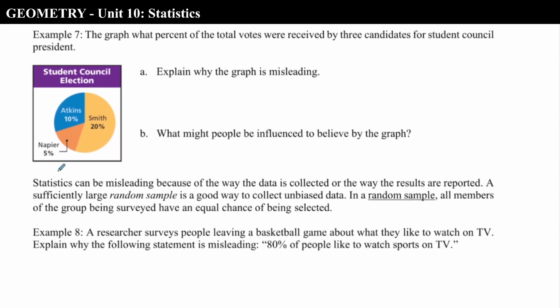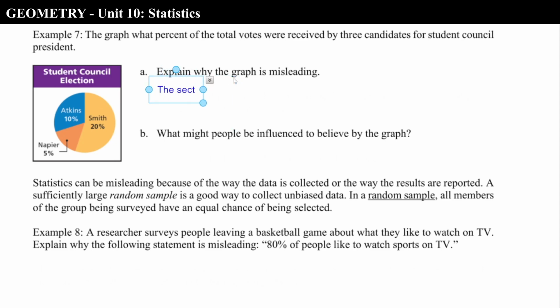All right, example 7. The graph shows what percent of the total votes were received by 3 candidates for student council president. Okay, so we are shown how many votes these candidates received. Why is this graph misleading?